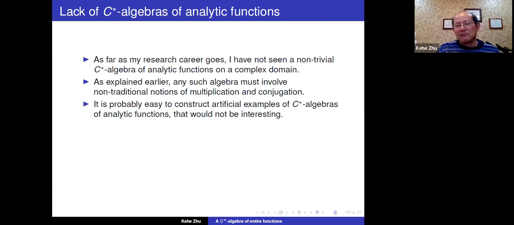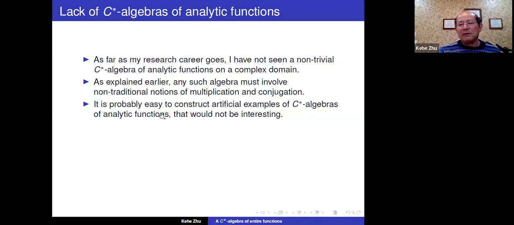By artificial, I mean in the following sense: in functional analysis, you know that any two Hilbert spaces of the same dimension are always isomorphic.